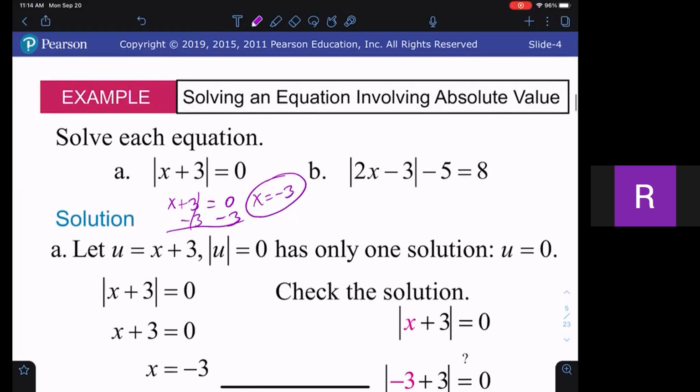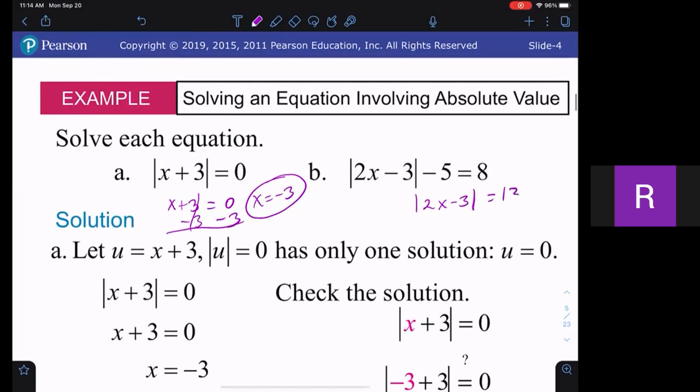Here the same thing. So this is going to be 2x minus 3. Now, because this is going to be 13, you need to write it in that standard form, ax plus b equals c, right? Once you write it in that form, then you can do the positive and negative on the c. So that's going to be 2x minus 3 equals 13, and then 2x minus 3 equals negative 13. So now you solve, right?